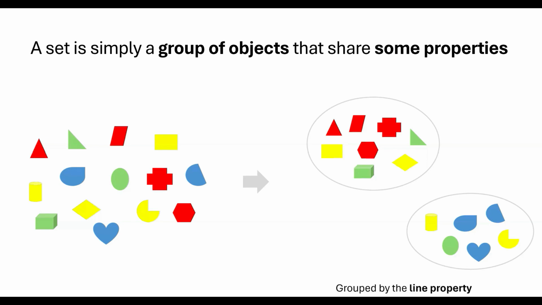Well, if you think I grouped by the line property, you got it right. In the second group at the bottom, you see the curves. In the first set, you have only straight line segments, but in the second set, every single object has a curve in it.